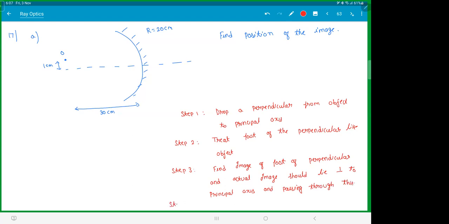Step 4, use magnification to figure out the actual position. So let me show you how that is done.